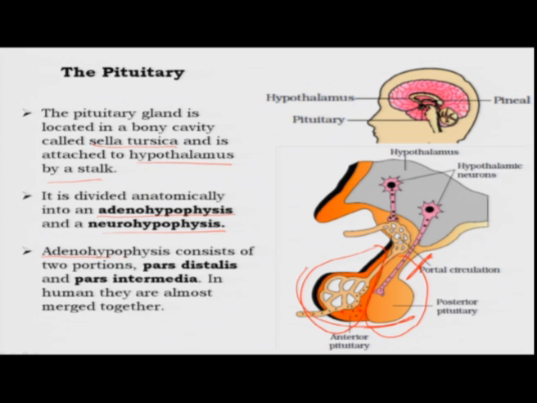So, the adenohypophysis is the anterior pituitary and it consists of two portions. One is called the pars distalis or the distal portion, and the other is called the pars intermedia, which is the intermediate portion. In the human pituitary, most of these cells are actually merged together. So, it is hard to distinguish between the pars distalis and the pars intermedia.